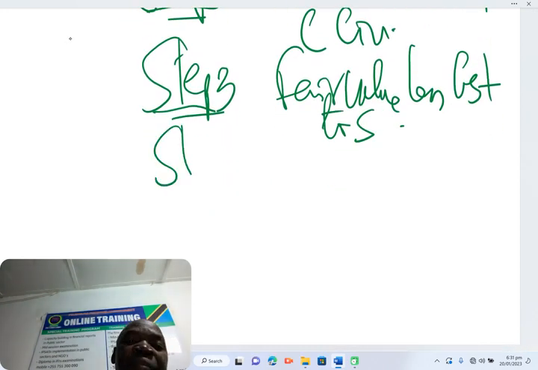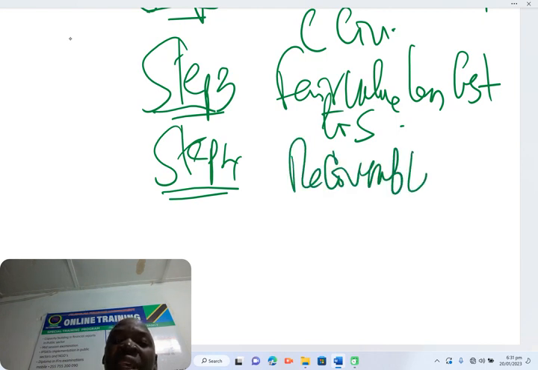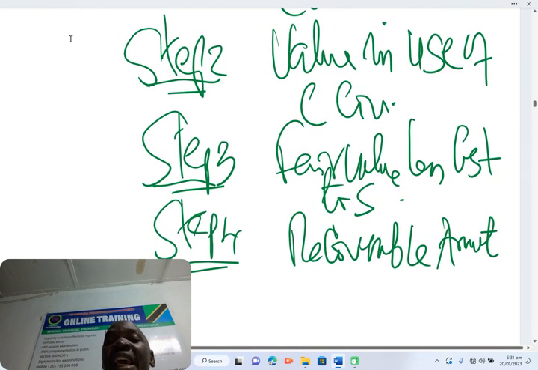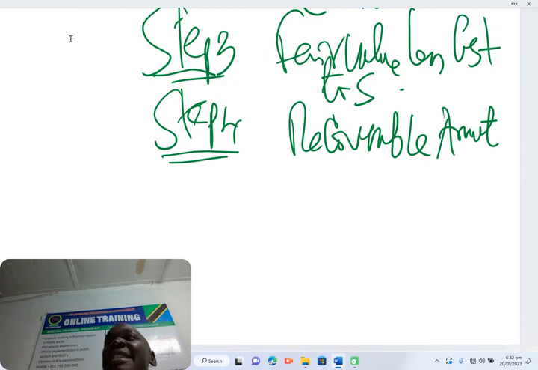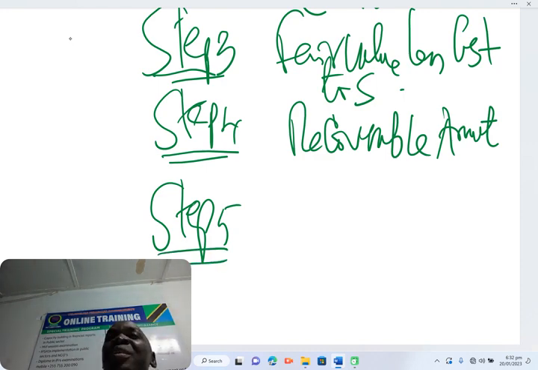Step number four, you must assess the recoverable amount. Now, the recoverable amount is the higher of the value in use and the fair value less cost to sell. You get me? After having the recoverable amount, step number five, compare the recoverable amount and the carrying amount of the CGU.